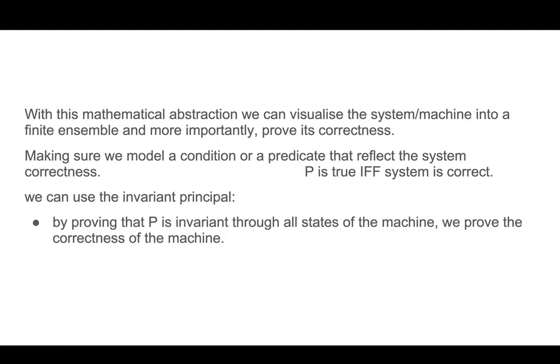Once we have abstracted the system mathematically, we can use our proofs, for example an induction proof, by proving that the initial state is correct, and from there we can assume an n state to be correct and use that to prove that P is true for, for example, the n plus one state, depending on the context of the system. And from there, we're proving that for all possible states that exist, the predicate is true. Then the system is correct.